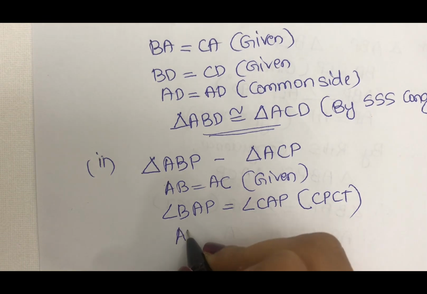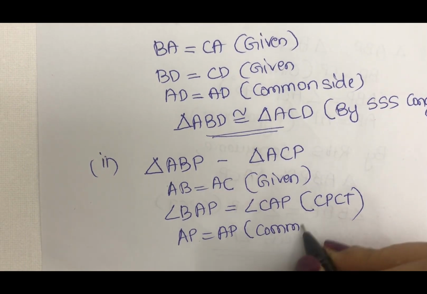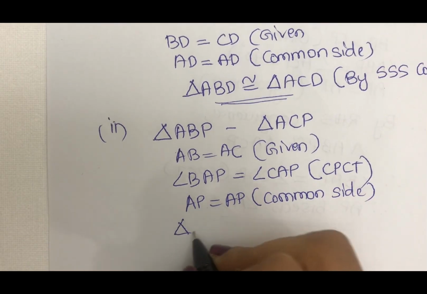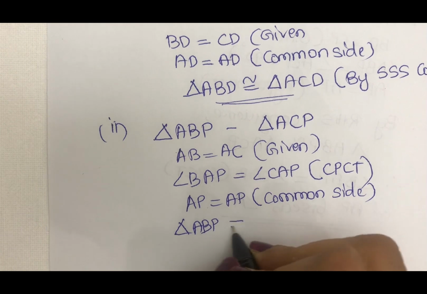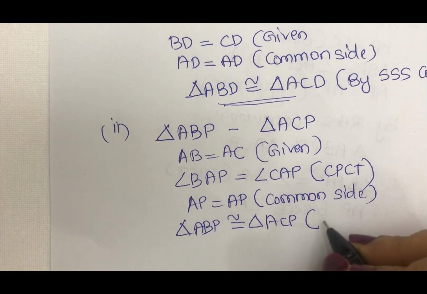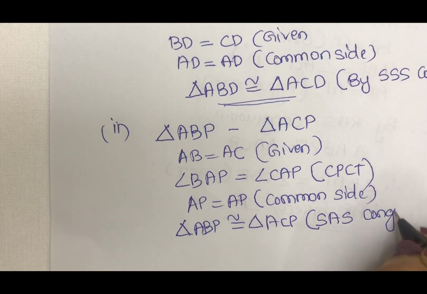And AP equal to AP, common side. Okay, so triangle ABP is congruent to triangle ACP by SAS congruency rule.